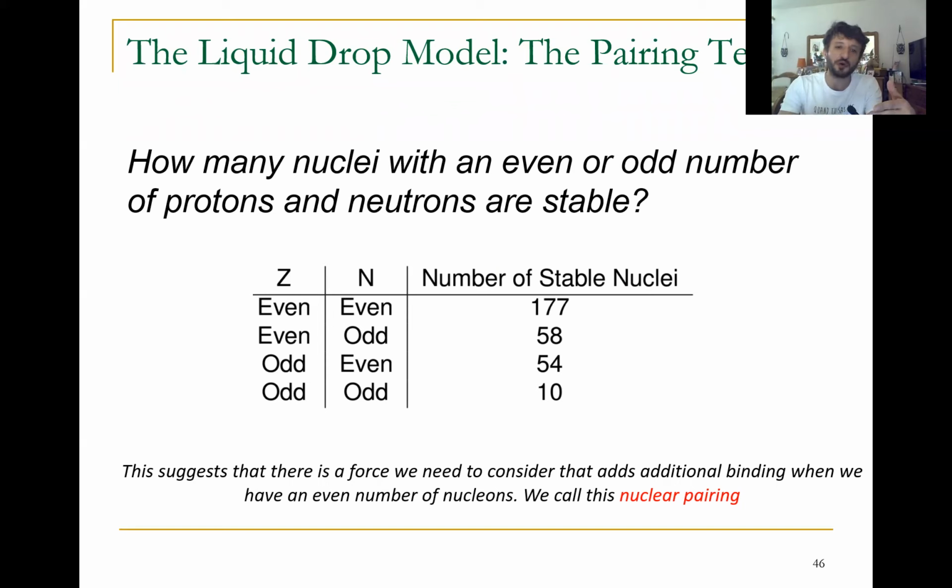In the case of odd nuclei, the pairing term will decrease the global binding energy. So here we have to calculate the situation and find the pairing term.